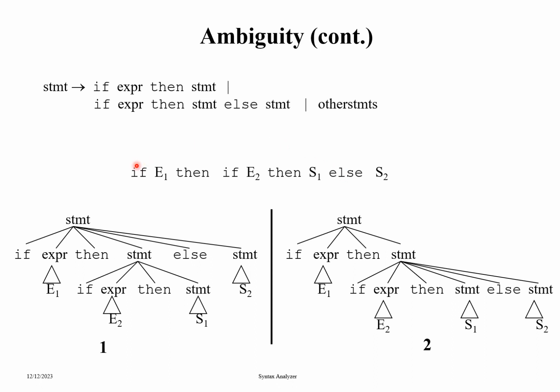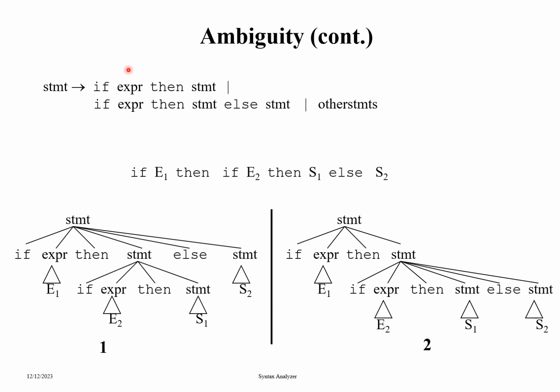Here also we have an expression grammar: if expression then statement, if expression then statement else statement. Here this is a string. When I look at this parse tree, if expression then statement, else statement. Again, I can replace this statement as if expression then statement.